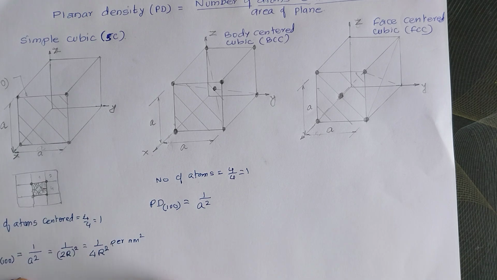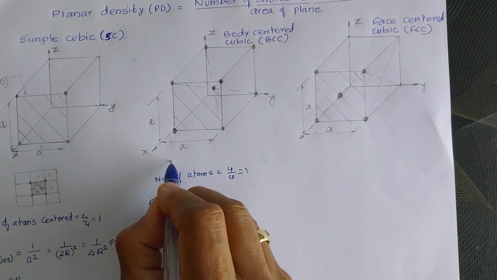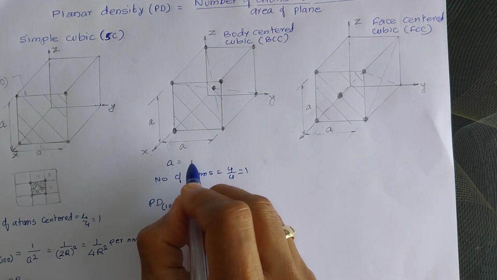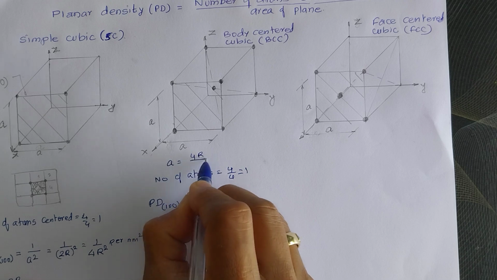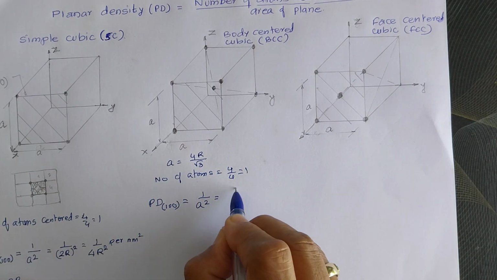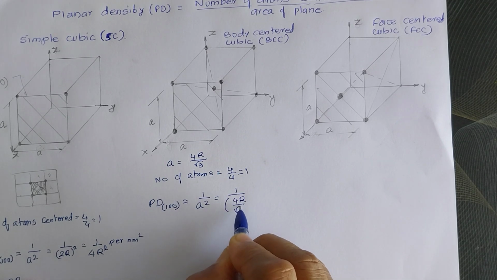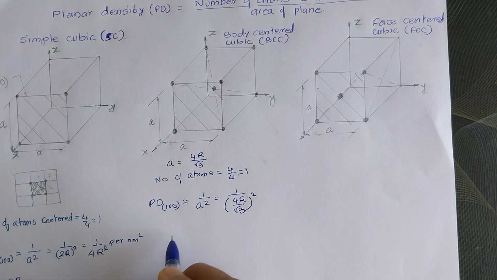The difference in this case is, for a body-centered structure, the lattice parameter A is related to the radius by the relation A equals 4r by root 3. This further becomes 1 upon (4r by root 3) squared, and therefore the planar density at the 100 plane for the BCC structure is 3 upon 16r square.